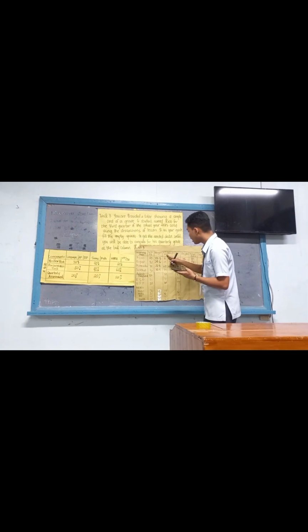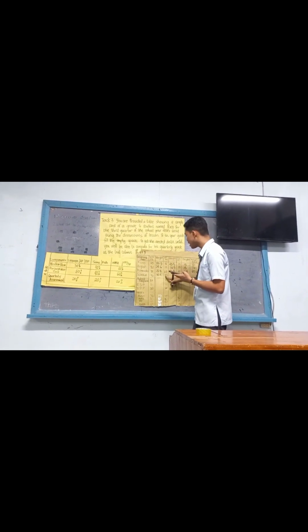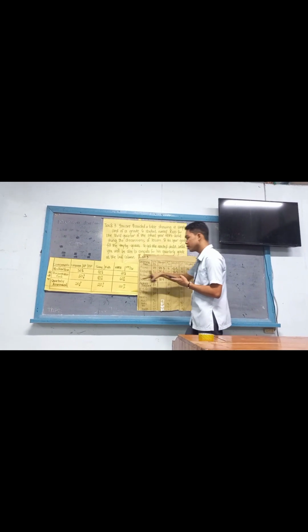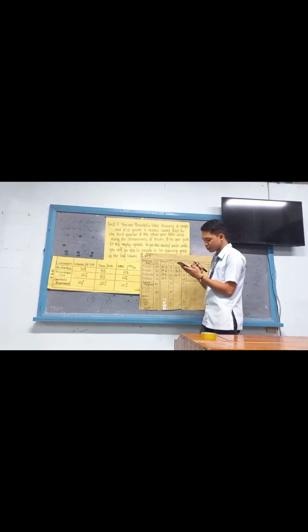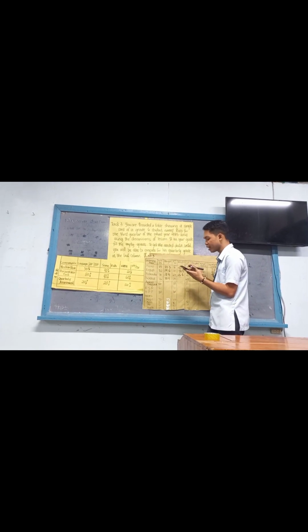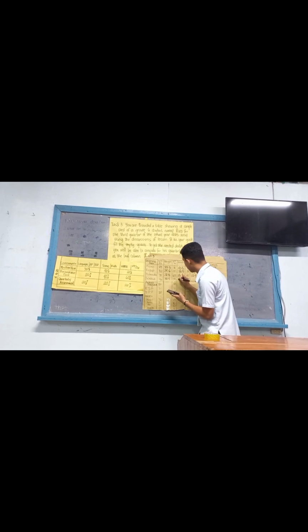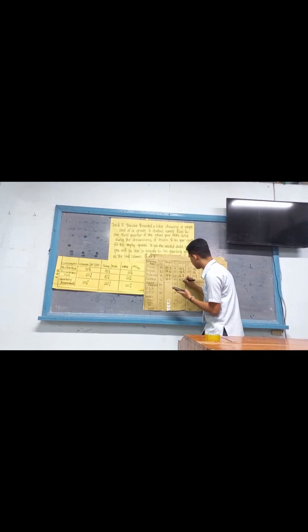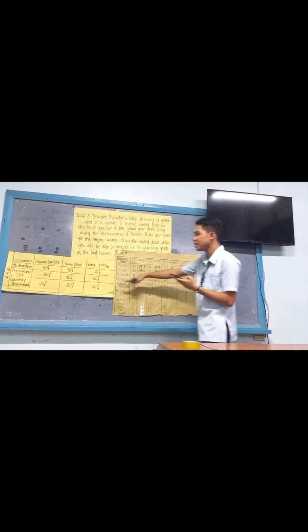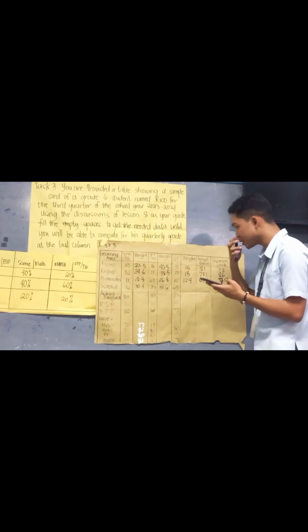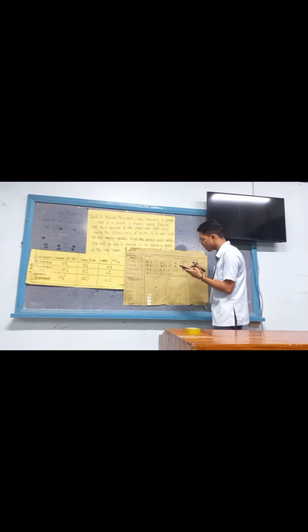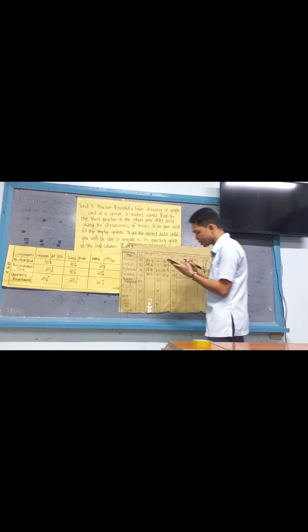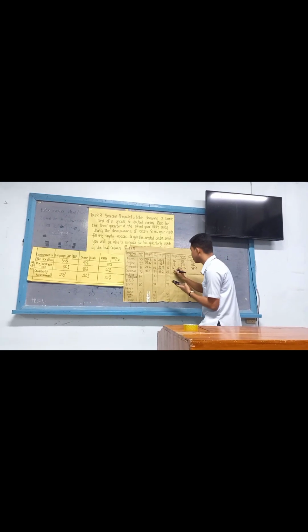So in the performance task, 79 times 40% is 31.6. In the quarterly assessment, it is 20%, so 65 times 20% equals to 13.